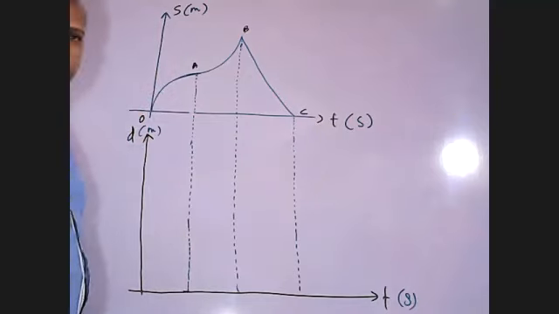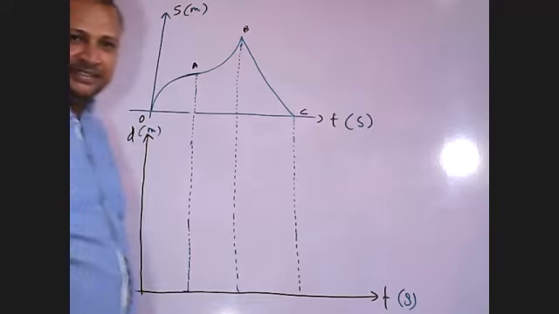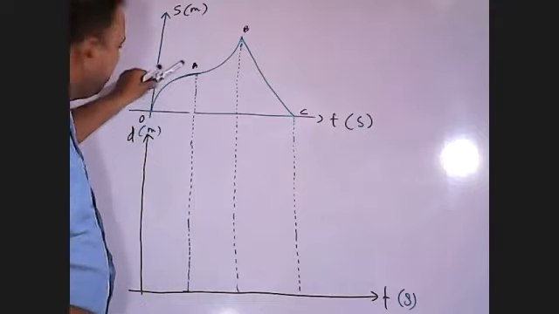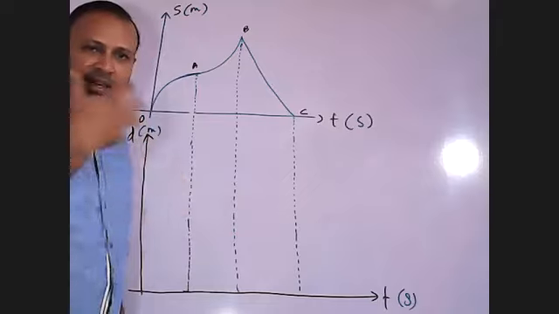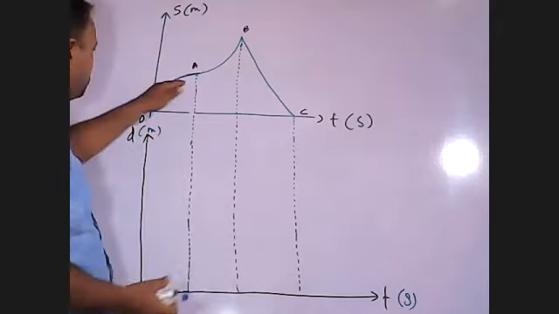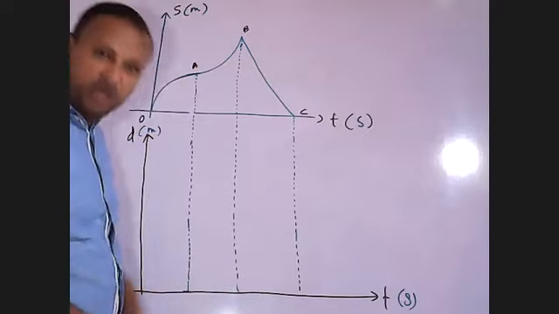Okay, from O to A. Tell me the shape. Yeah, same pattern because velocity is positive. That means we don't need to consider the magnitude of velocity and magnitude of speed. Both are the same because velocity is positive.